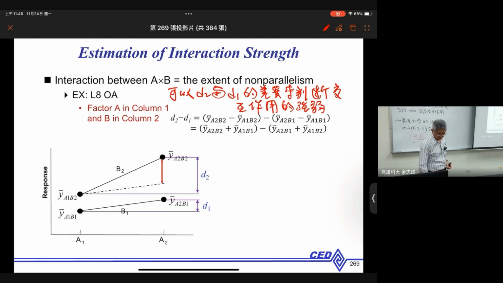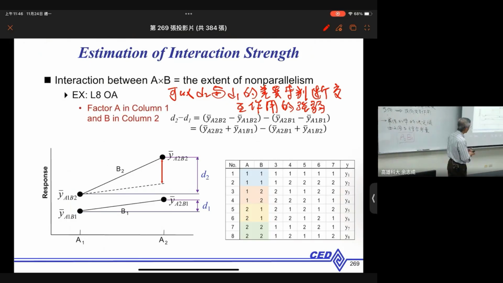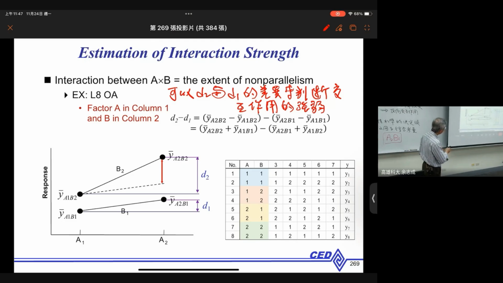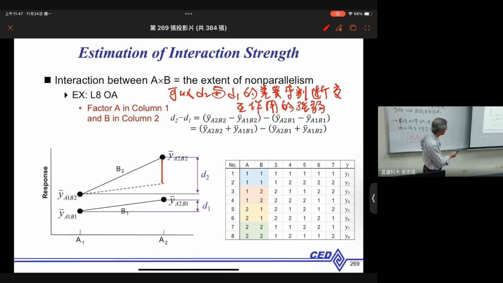Then let's look at the arrangement of experiments in your orthogonal array. Let's assume A is in column 1 and B is in column 2. Then the difference between D2 and D1 can be estimated using this equation.